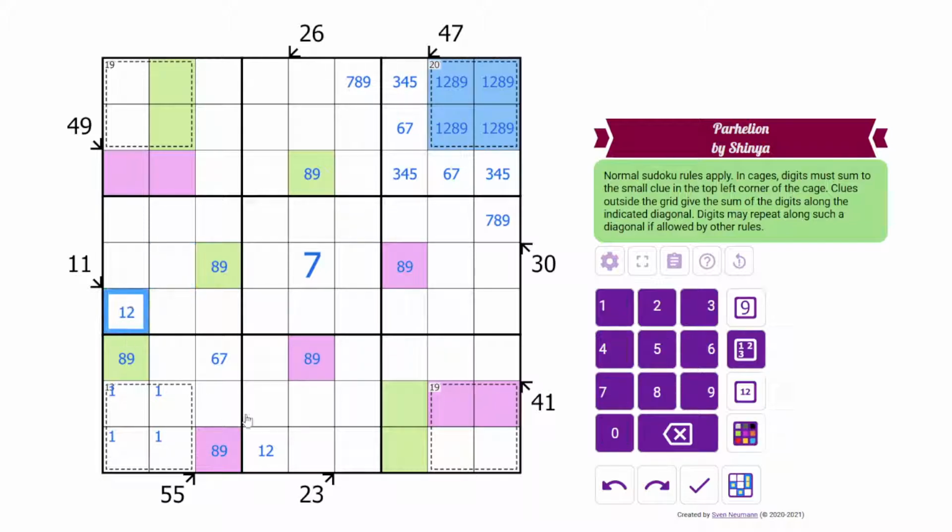Could these both be 2? No. They can't both be 2. So no matter what, that can't be a 1. Hey, progress, I guess.